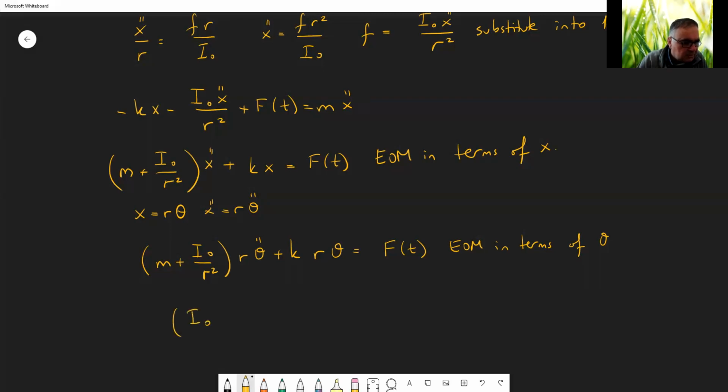It will be I0 plus m r squared, theta double dot, plus k r squared theta equals r times f of t. Now everything will be in terms of torques here. You see, everything has the units of torque. This is a better version of this equation, okay?